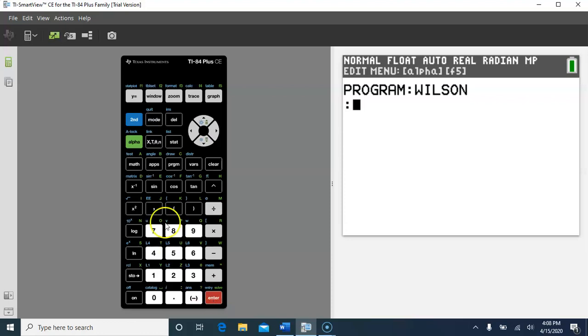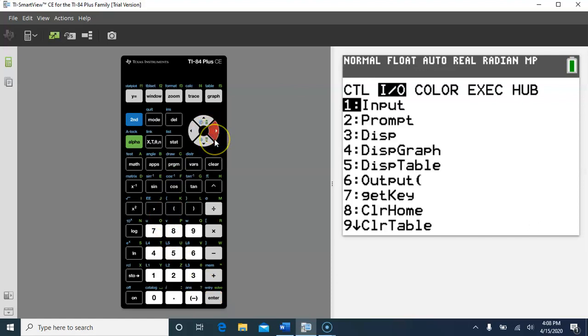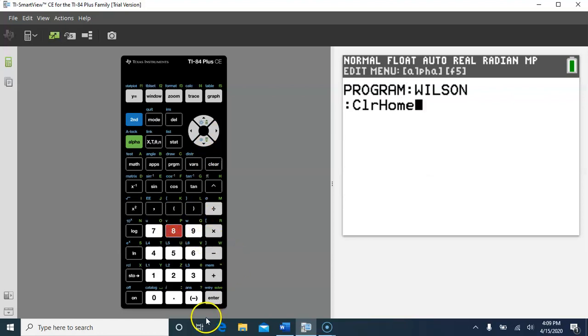See if you can stay with me. Here's what we're going to do. For the first line, press the program button, arrow over to IO, and item 8 is clear home. We're going to do clear home for the first line of our program. That will just clear the screen when our program is run.